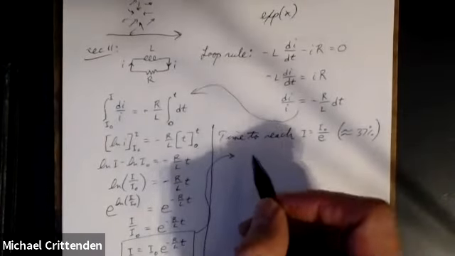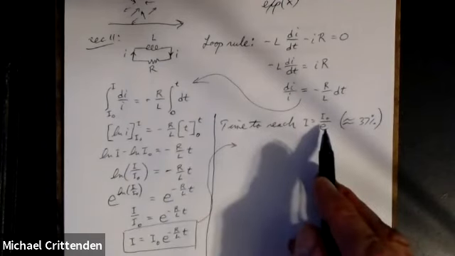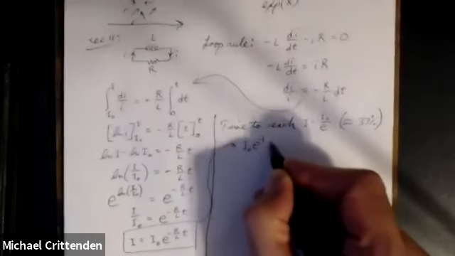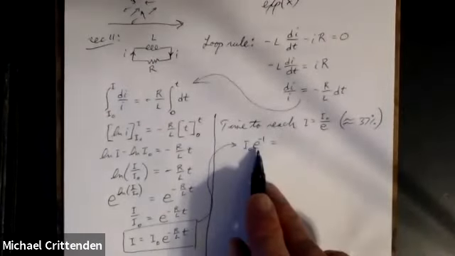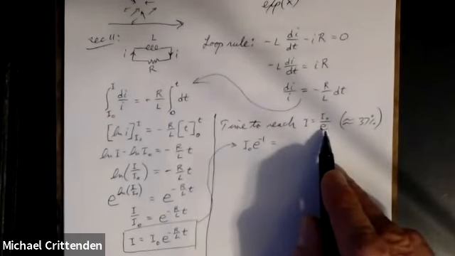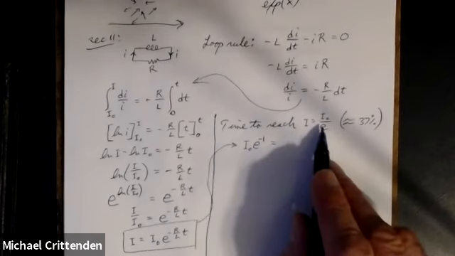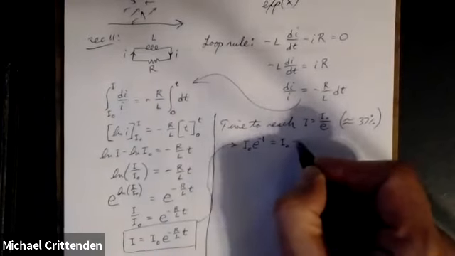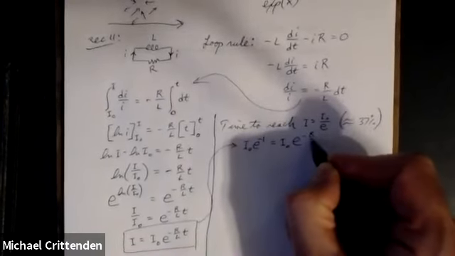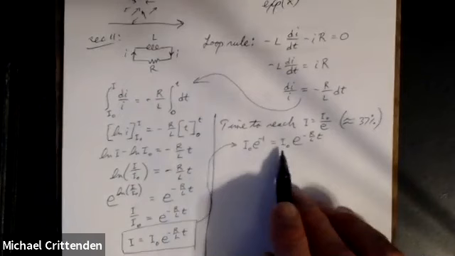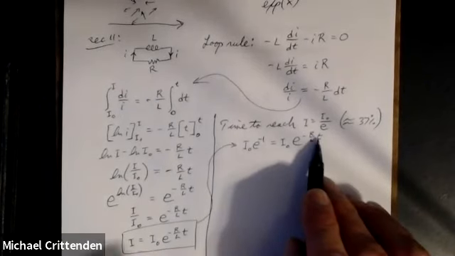So fill in for I the thing that I is equal to. I0 times e to the negative 1 power is the same thing as 1 over e. So this is just another way of writing that. So I0 times e to that power equals I0 times e to that power.